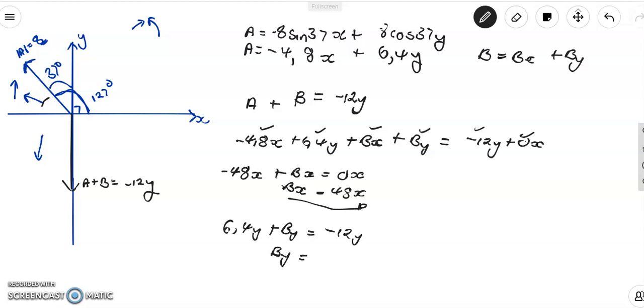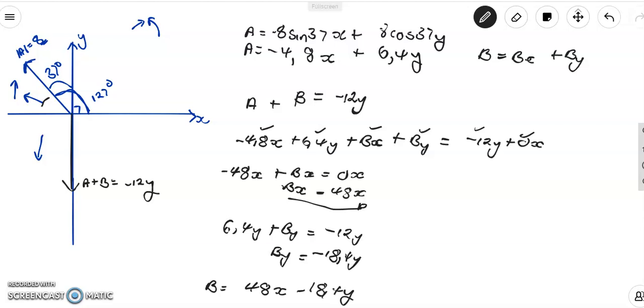Then we have minus 12 minus 6.4, which is minus 18.4y. So that's it. So B is equal to 4.8x minus 18.4y. But are we done?